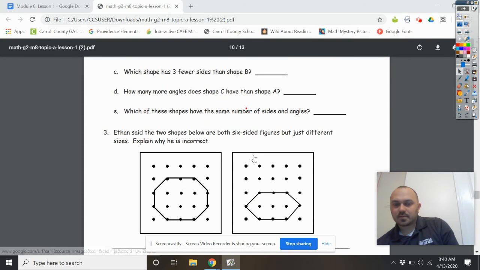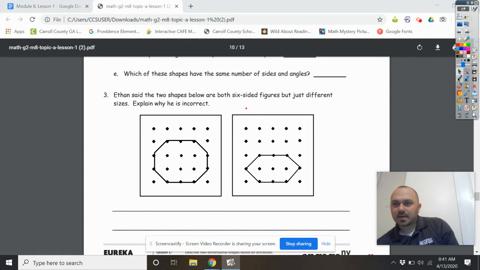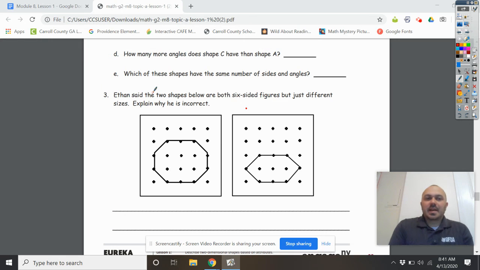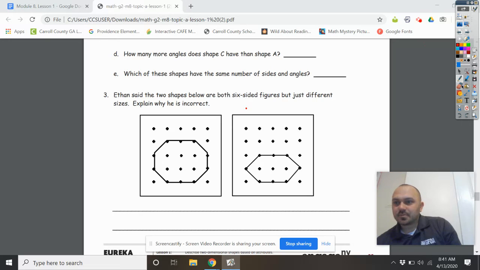And finally, let's look at the very, very bottom at number 3. Let's go back to here and read number 3. Ethan said the 2 shapes below are both 6-sided figures, but just different sizes. Explain why he is incorrect. So it tells you that he is incorrect. So let's count each number of sides because he said that both are 6-sided figures. So here we have 1, 2, 3, 4, 5, 6, 7, 8.